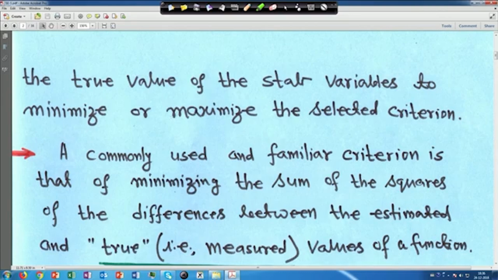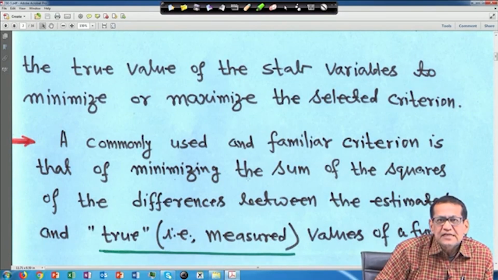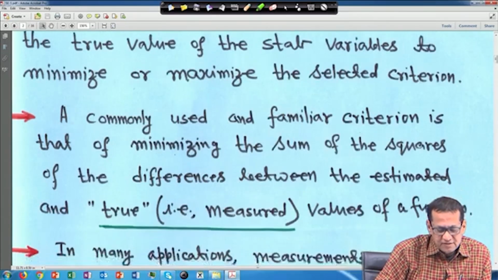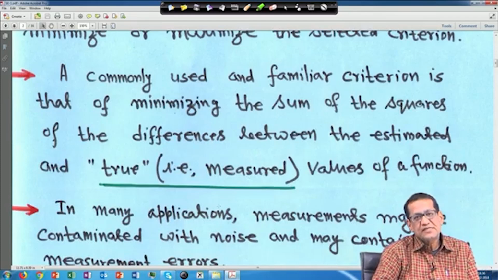A commonly used and familiar criterion is minimizing the sum of the squares of the differences between the estimated and true, that is measured, values of a function. We will see that. The true value, we will define it, is the measured value.